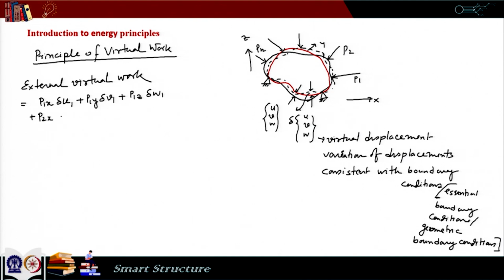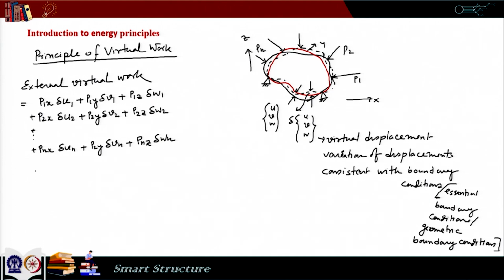Similarly, P2x delta of u2 plus P2y multiplied by delta of v2 plus P2z multiplied by delta of w2, and I can keep doing it all the way up to the nth force. That is our external virtual work.